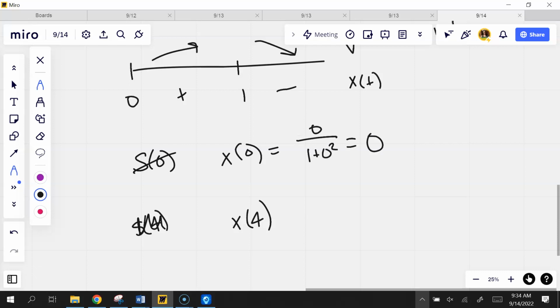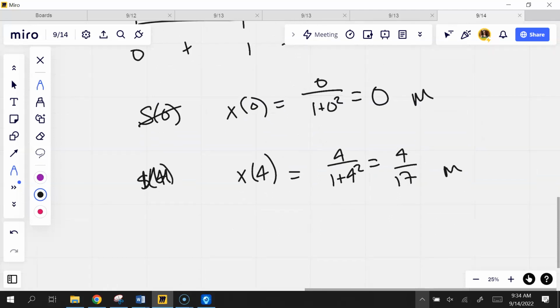So I still start at 0. I start at that initial, which is good. And then at time t equals 4, I'm 4 over 1 plus 4 squared. So I'm 4 over 17 meters, or whatever these units are this time. Meters. I did not go very far. 4/17 of a meter.